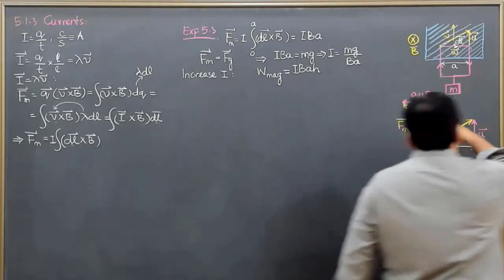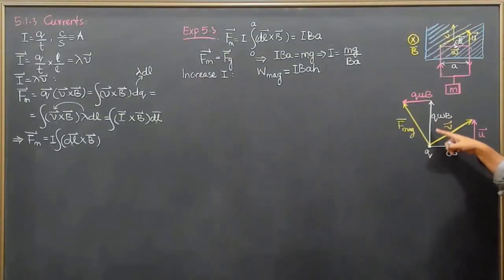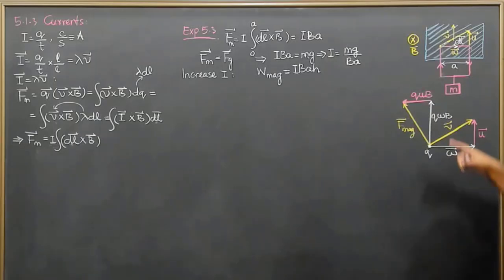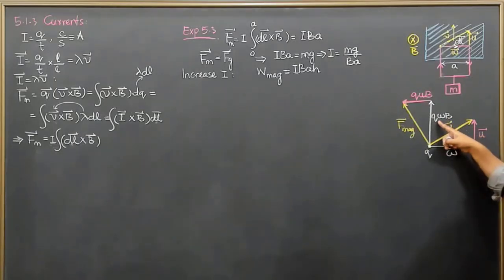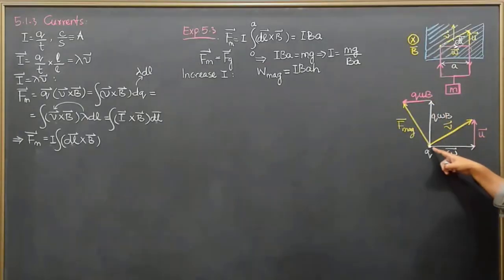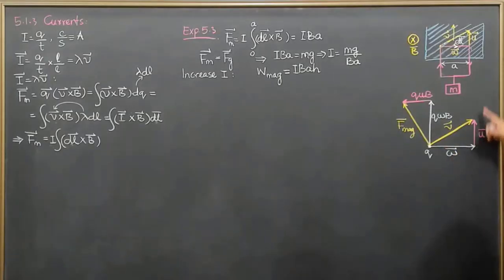This component, the qwB force, is responsible for lifting it up. It is the vertical force here. And this quB, which was the result of this u, like moving it up, is basically opposing the motion in the direction.